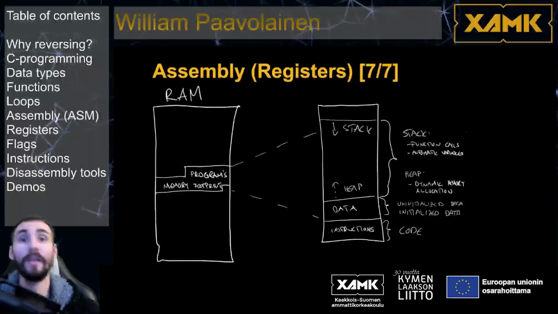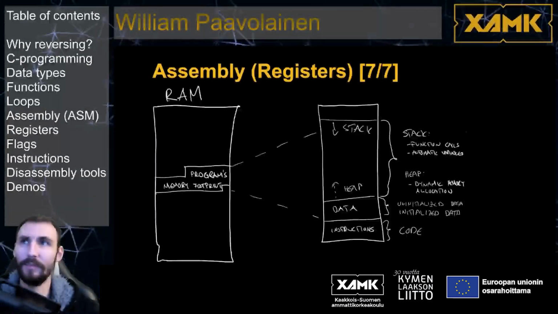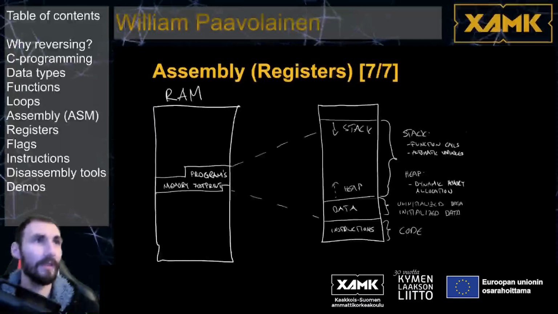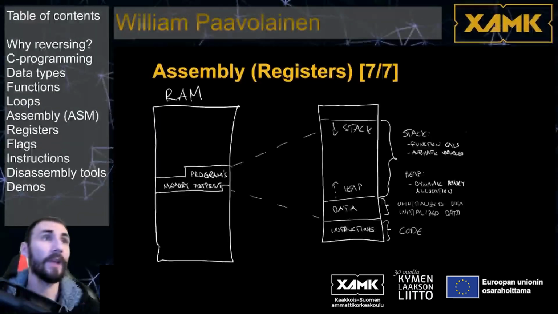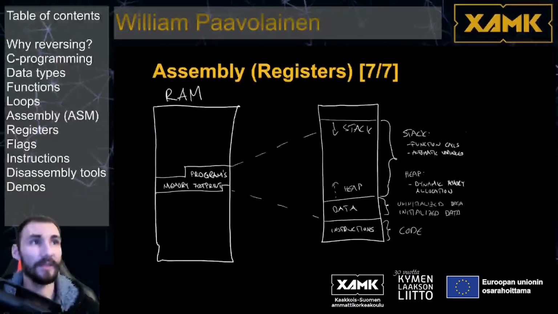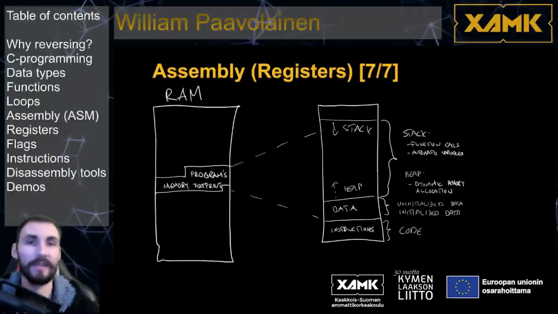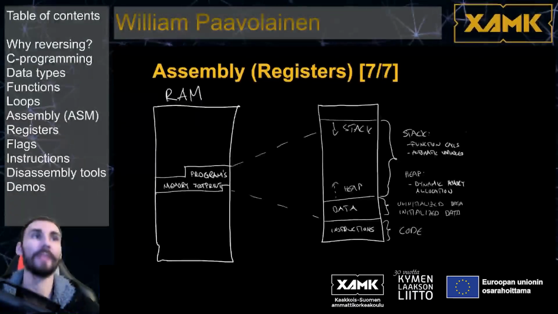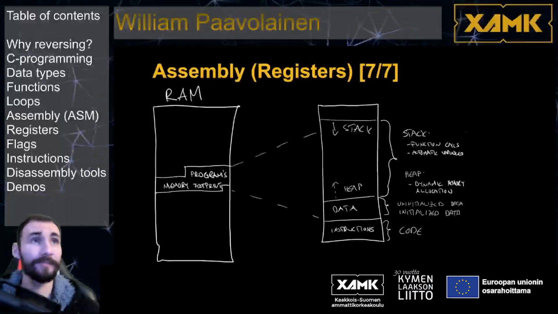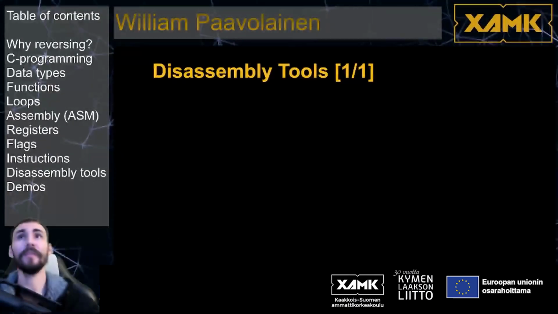Then we have heap. We won't really go into too much detail today. But it's for dynamic memory allocation. Then we have data, which includes initialized and uninitialized data. And then we have our instructions or text, and that includes basically our code.